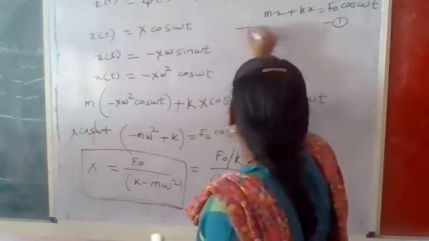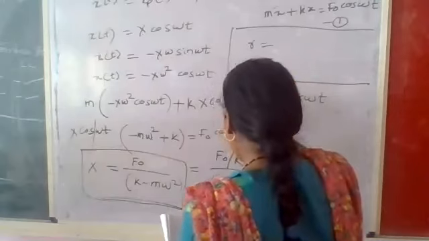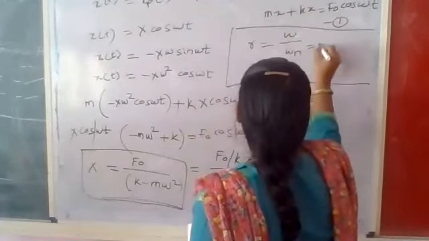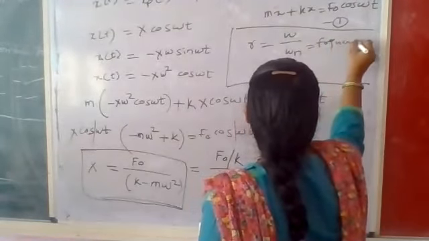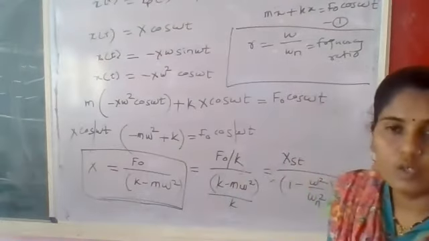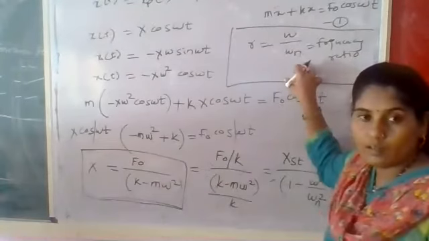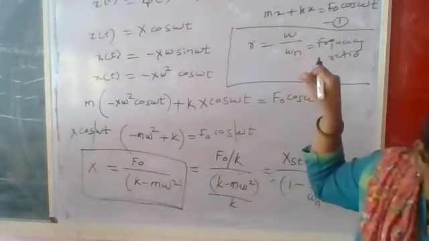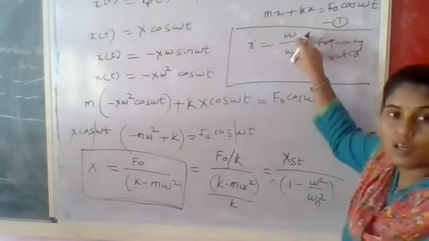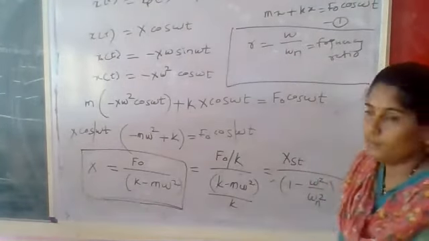Frequency ratio R is equal to omega upon omega n, where omega is the forced frequency and omega n is the natural frequency.